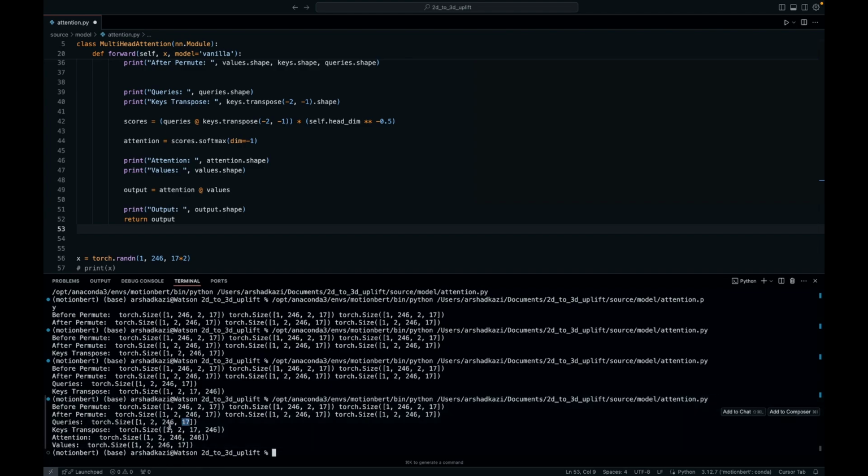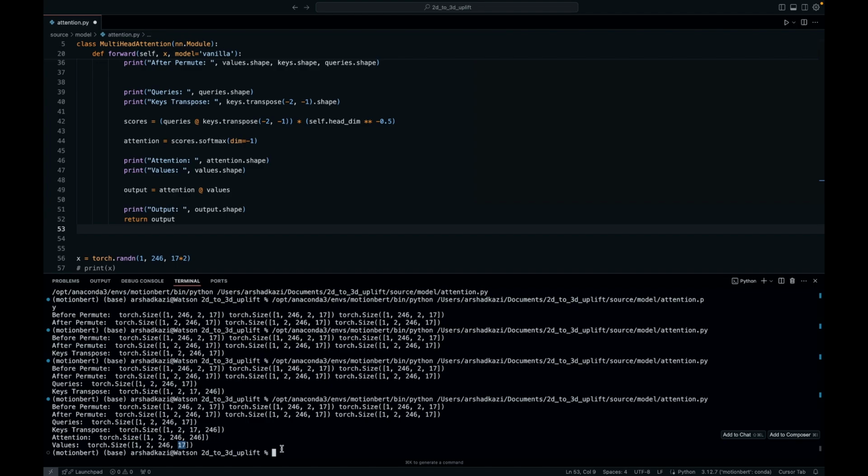For the first operation, we contextualize the entire embedding space along with the head dimension. Then we extract only those head dimensions which are actually relevant. That would be our values, and that is why we have 17 as an output. So hopefully this is clear by now. I mean, at least it is clear to me.